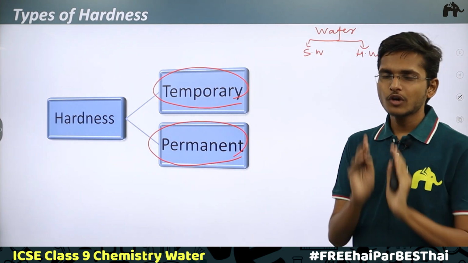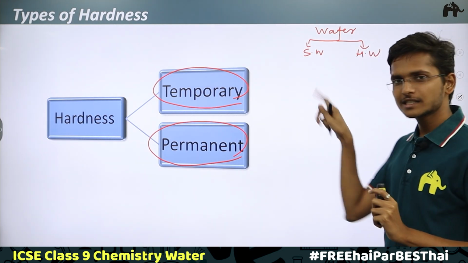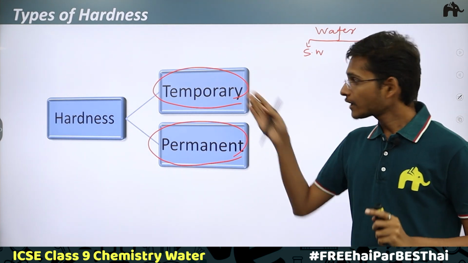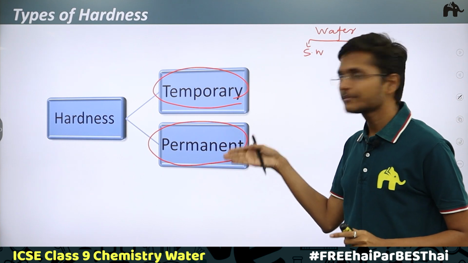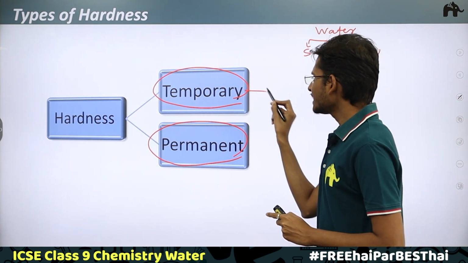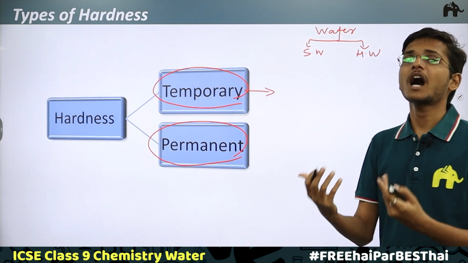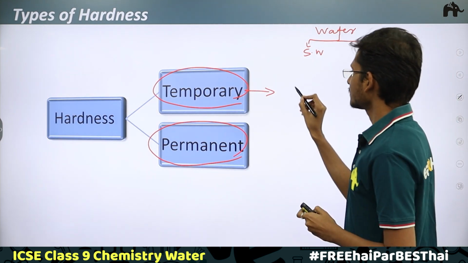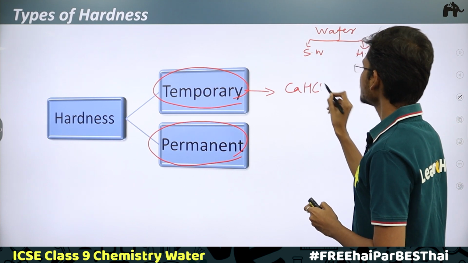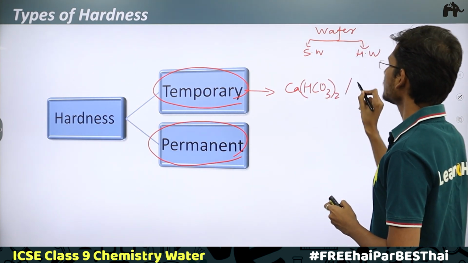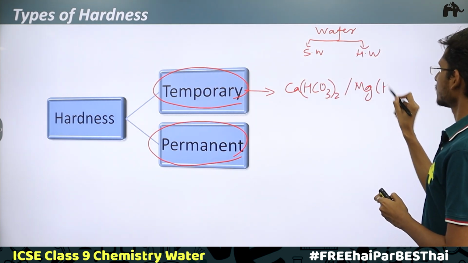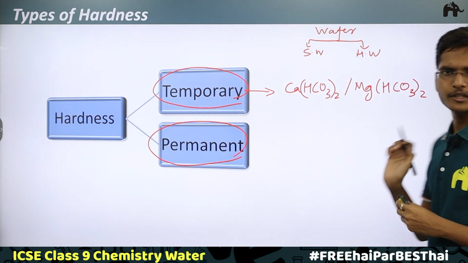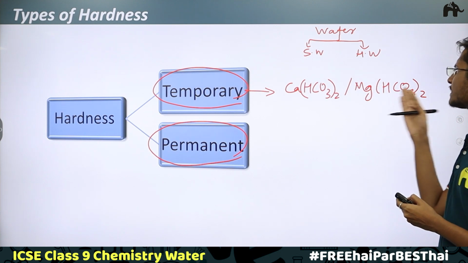We all know hard water means out of those 6 salts, any one of them is present, water is hard. Now, in case of these two types of hardness, we say that water is temporary hard water when that water consists only of, pay attention, calcium bicarbonate or magnesium bicarbonate, or we can say calcium hydrogen carbonate or magnesium hydrogen carbonate.